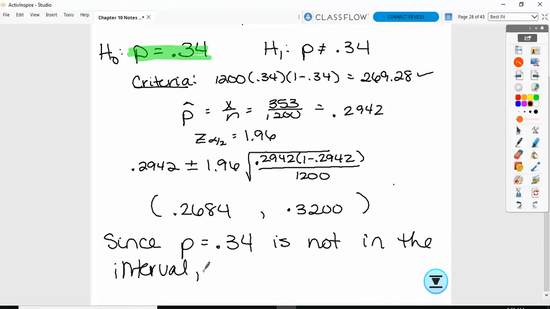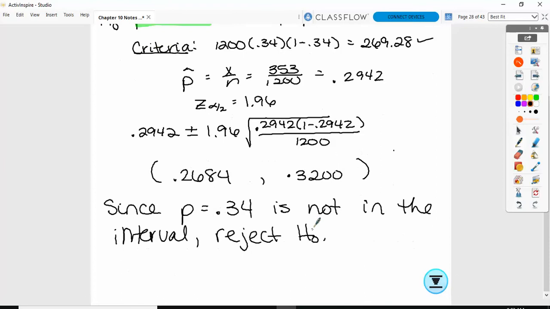Since 0.34 is not, that means it would be very unusual to have 0.34, so we will reject the null hypothesis. That means there is evidence the proportion has changed.